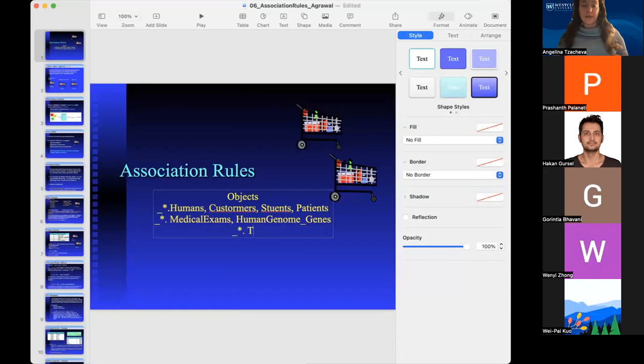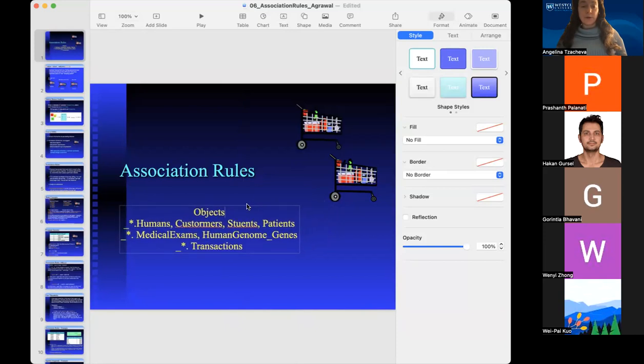we can have transactions. So what are transactions? Let's say, when we go to a grocery store and we place in our shopping basket a bunch of items. Say we buy bread, milk, fruits, or other items. Once we check out from the grocery store, the things that we have purchased are recorded in their database as a transaction.